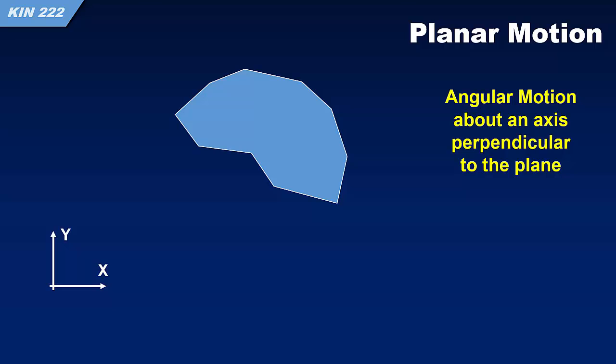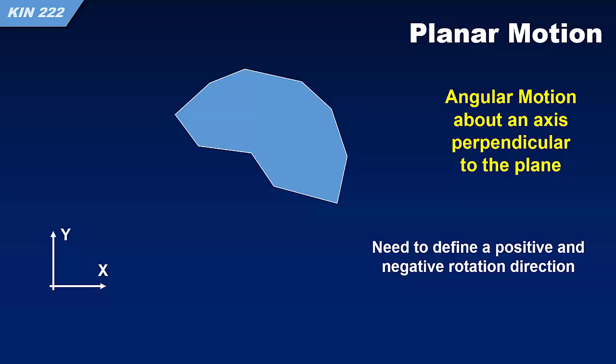So it makes it a little bit simpler, but we still need to define for rotation what a positive and a negative rotation are, because we can rotate one way or the other. And typically in planar motion, when you have an xy coordinate system like we've got there, we define a positive rotation as in the counterclockwise direction.